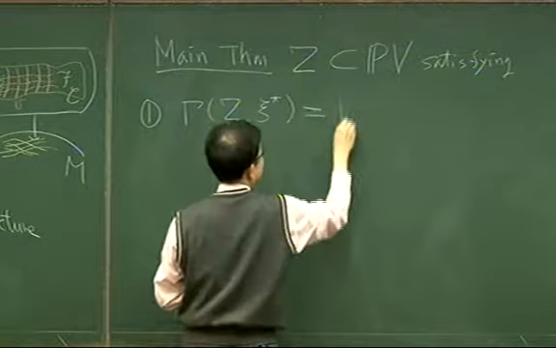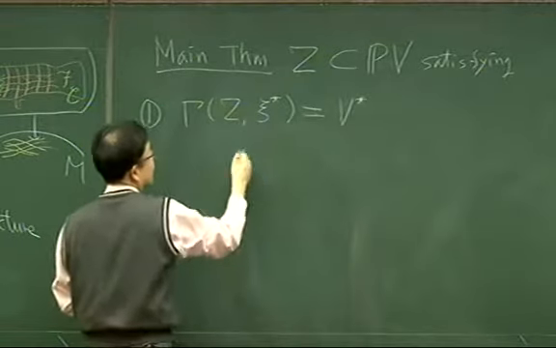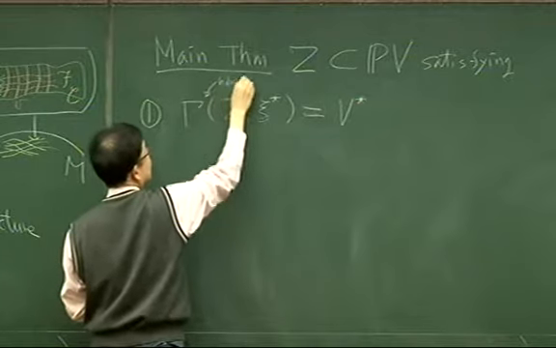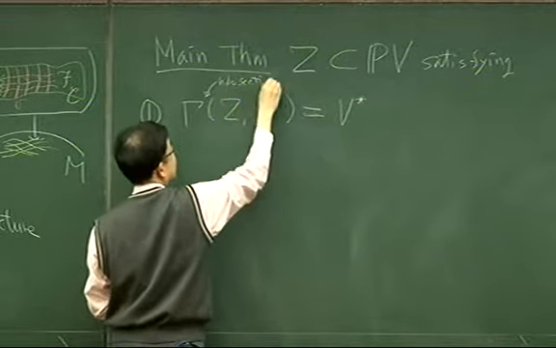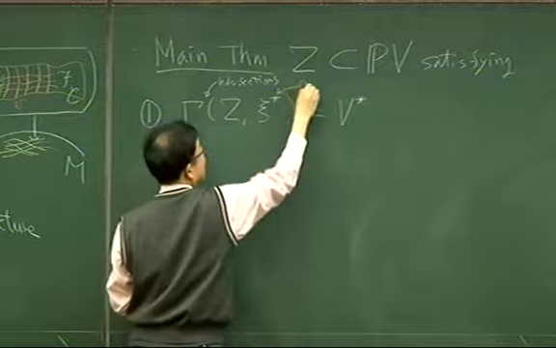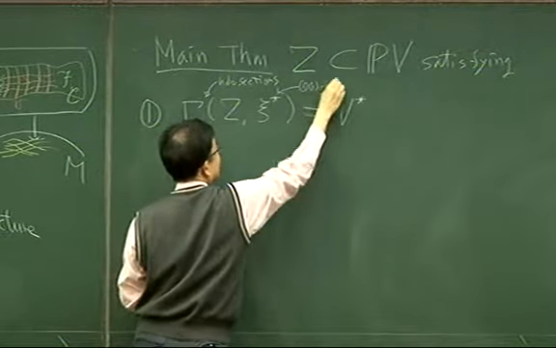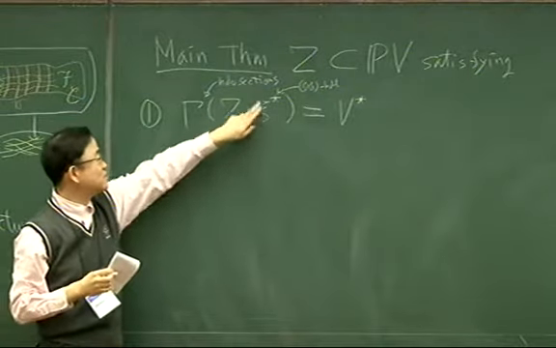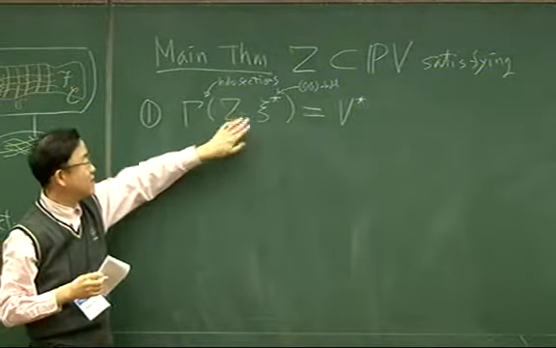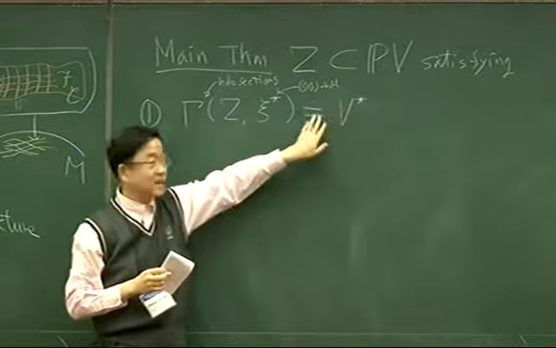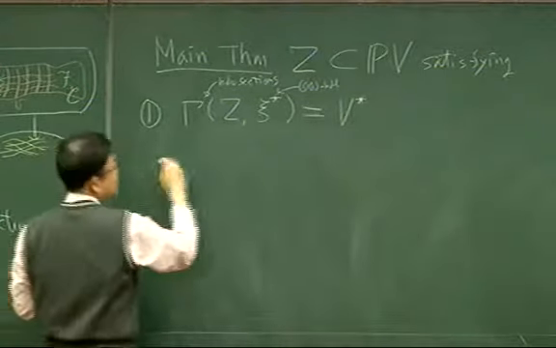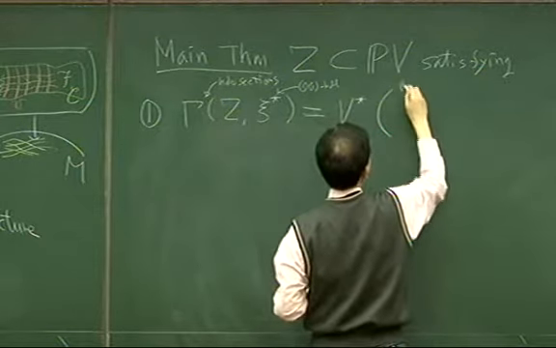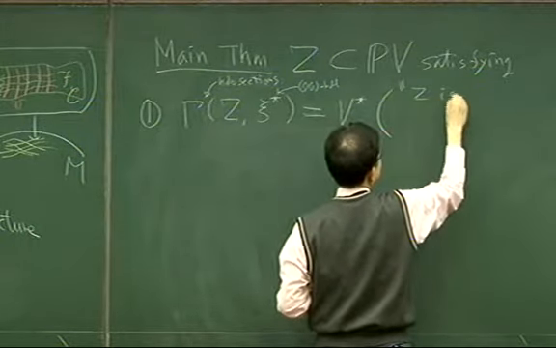This means the holomorphic sections, and this is the O(1) bundle. I assume that the holomorphic sections of this bundle on this manifold has dimension exactly n. So that's the condition. And this is in algebraic geometry. This is usually mentioned as Z being linearly normal.